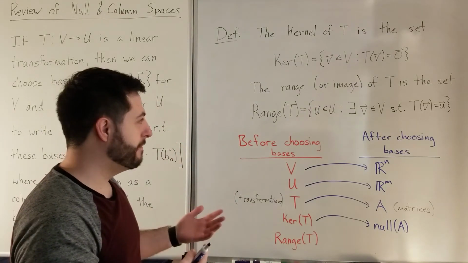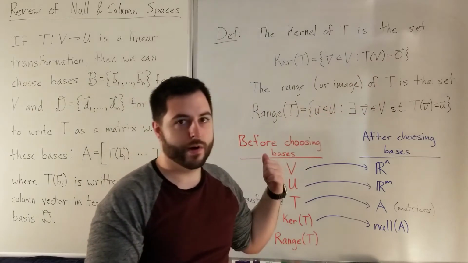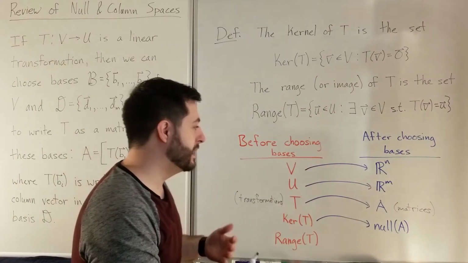So it has literally the same definition, except instead of T of V, we write A times V, or A times X if you want.